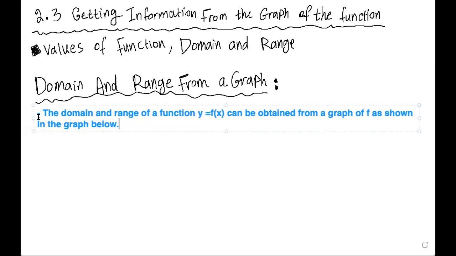I will show you in the graph below how we can find the domain and the range from the graph.